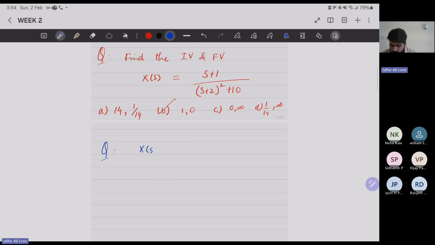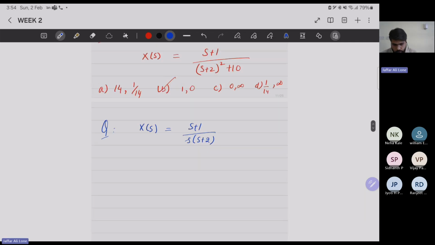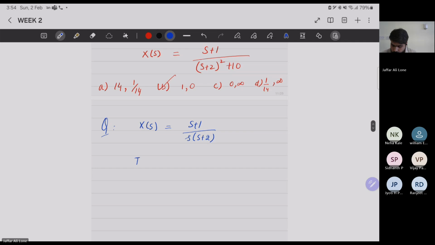So if Xs is s plus 1 divided by s into s plus 2, can you find the initial value and final value? Anyone? It's very simple.